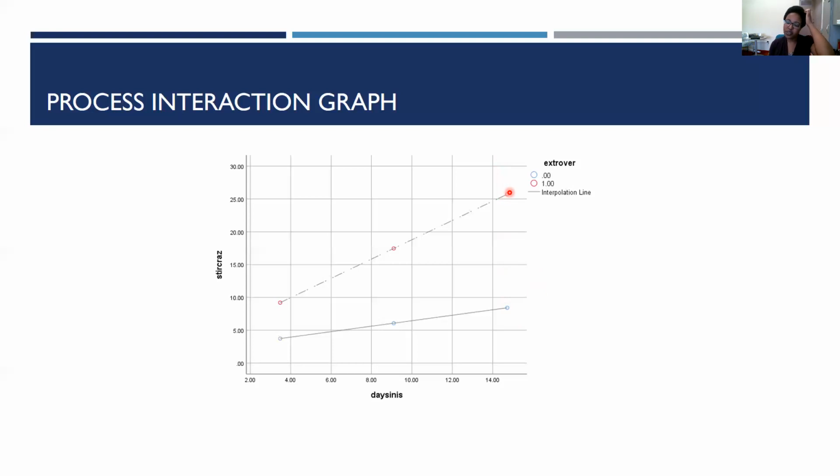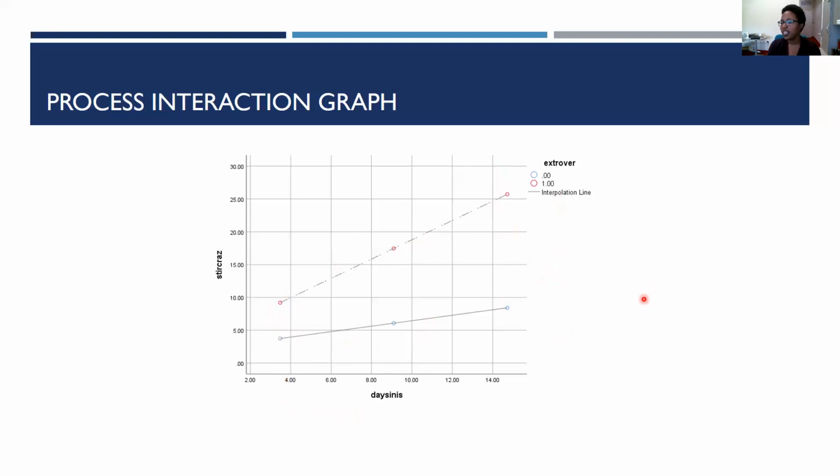Okay, so that's one way that you could interpret this graph. Notice it's the exact same conclusion as when we interpreted it line by line, but for some research questions, it's just a little more natural to say they start out close together and they end up really far apart.